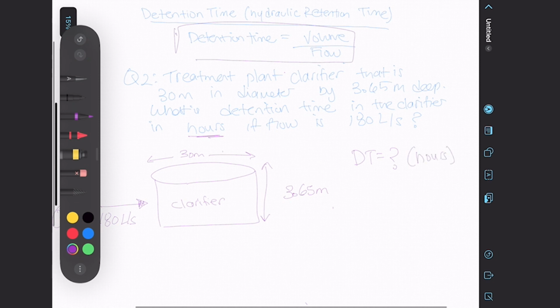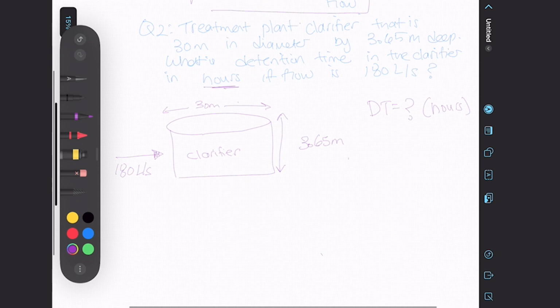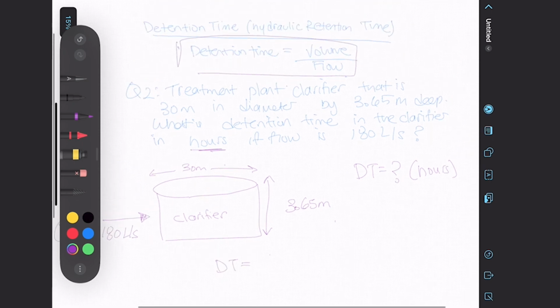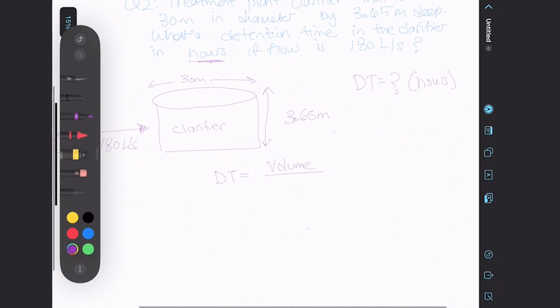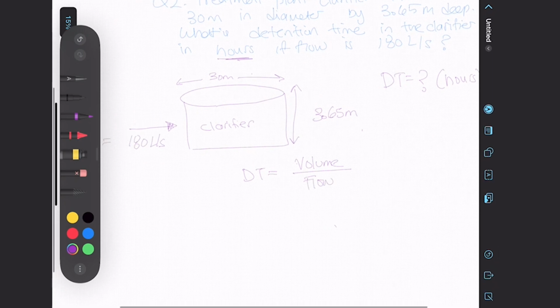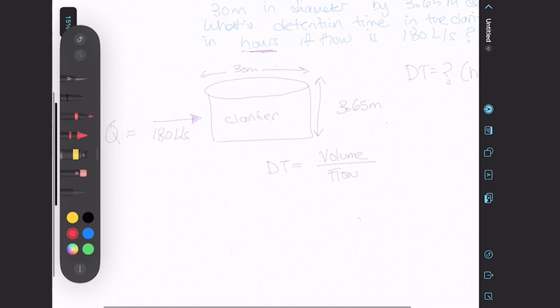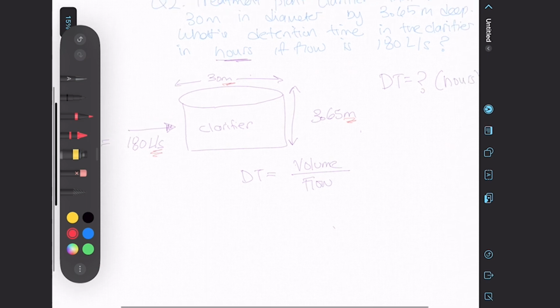Okay, so let's look at the formula that we have. We know that detention time is equal to, and we have it up here, volume divided by flow. So immediately I know that I'm going to have to calculate my volume, and just looking at the units right now, I know that we're going to have to do some unit conversions.